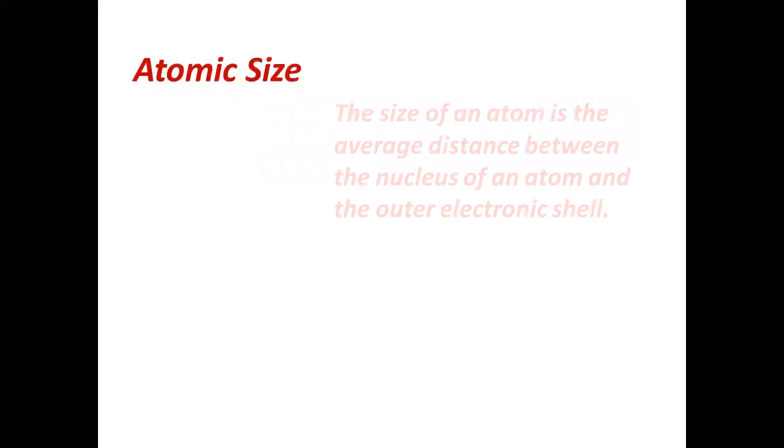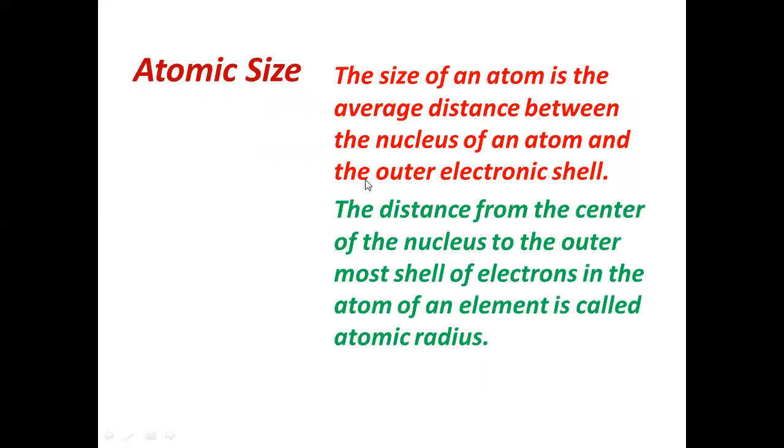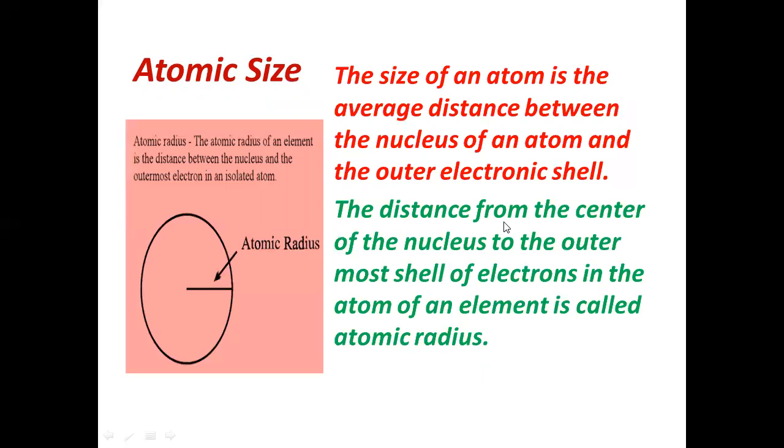The first property affected by the shielding effect or the electronic configuration is atomic size. What is atomic size? The size of an atom is the average distance between the nucleus of an atom and the outermost electronic shell, or the distance from the center of the nucleus to the outermost shell of electrons in the atom of an element, and it is called atomic radius.